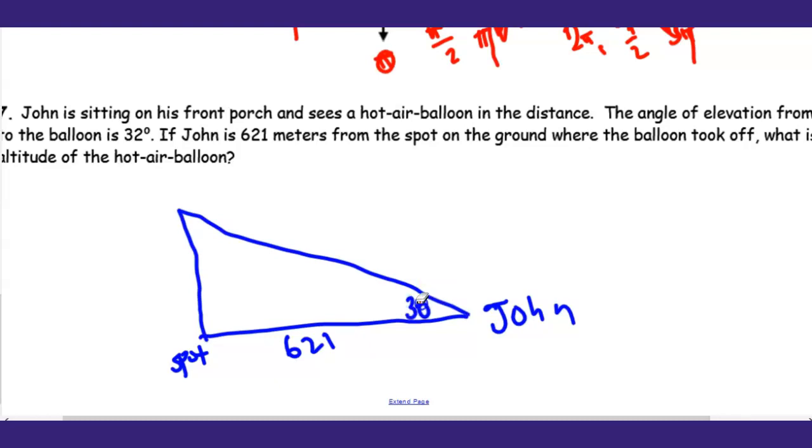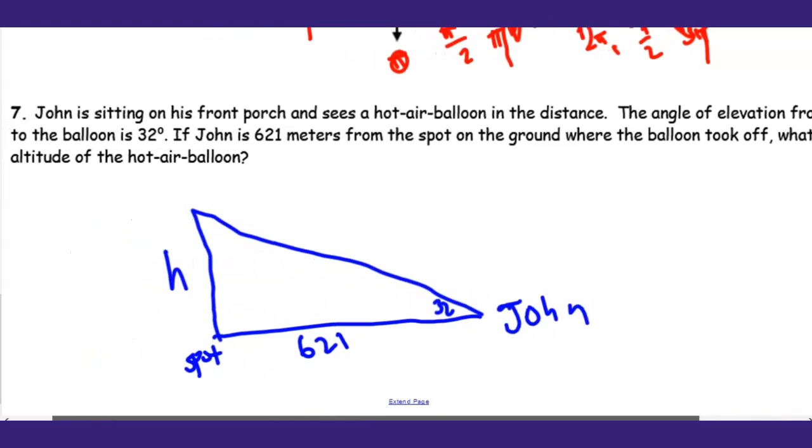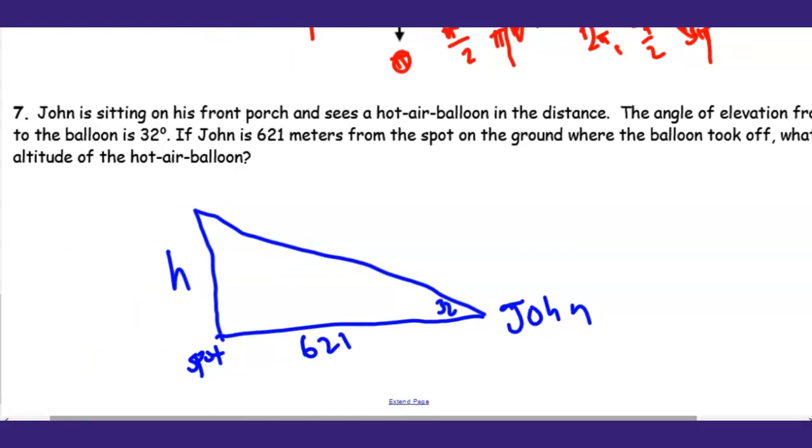There's our angle, right? What is it, 32? 32 degrees. Then we answer: what is the altitude of the hot air balloon? So we're looking for that. So how would we solve that? What's this? Adjacent. Which identity is that?